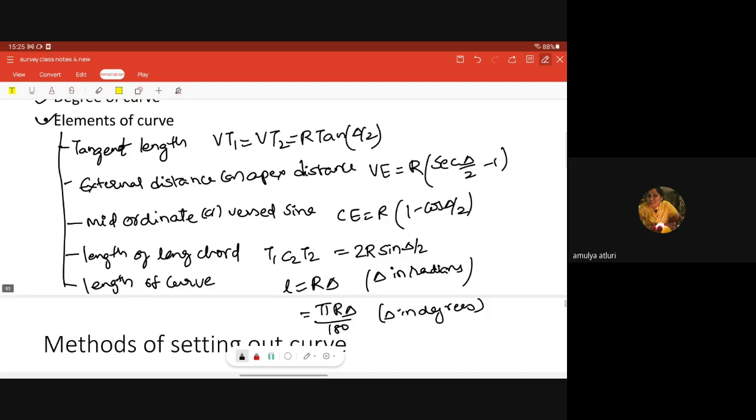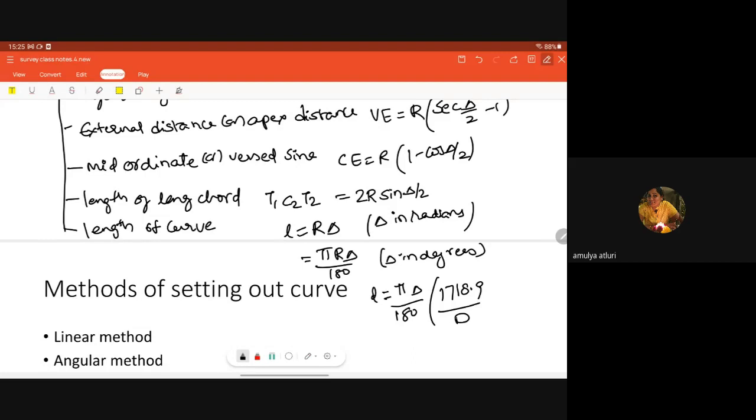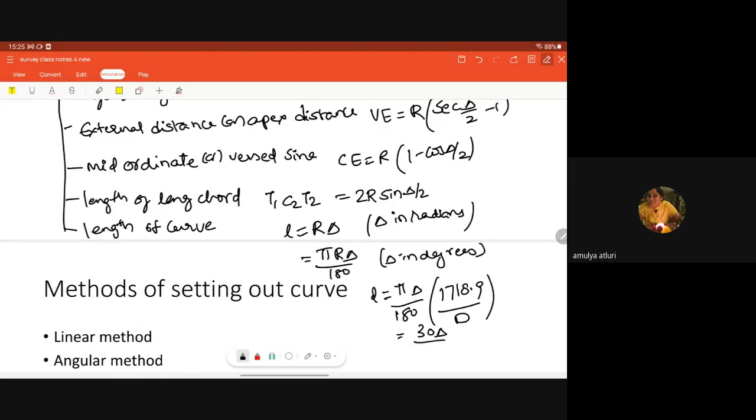So for a 30-meter arc, what is your L? It is pi delta by 180 into R, and we know the R relation, 1718.9 divided by D. So 30 delta by D is the length for a 30-meter arc.